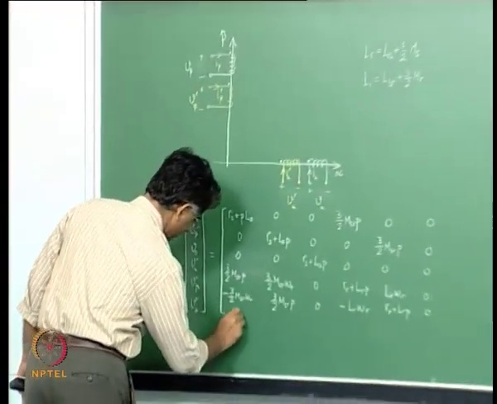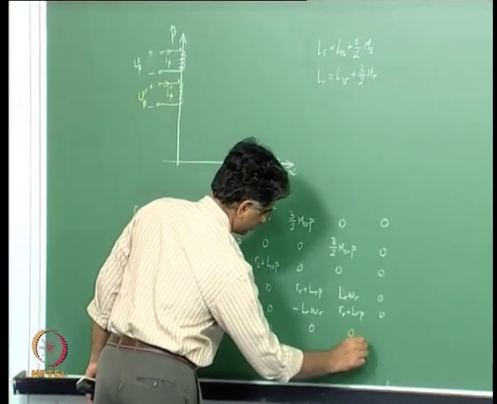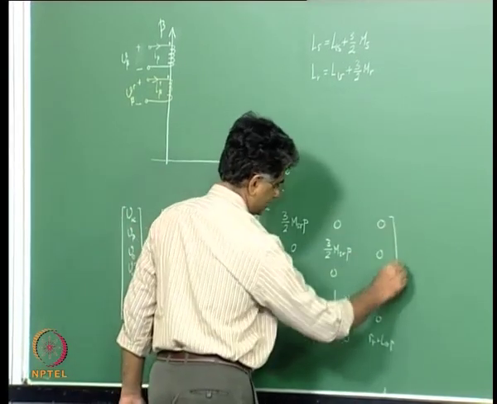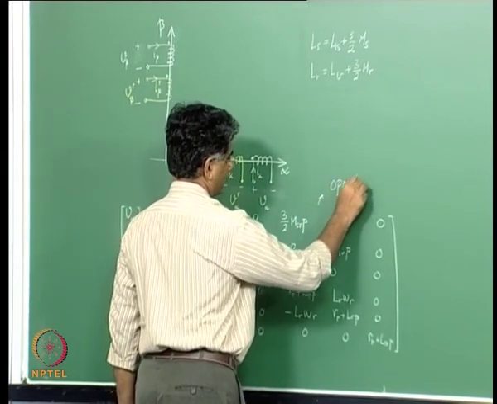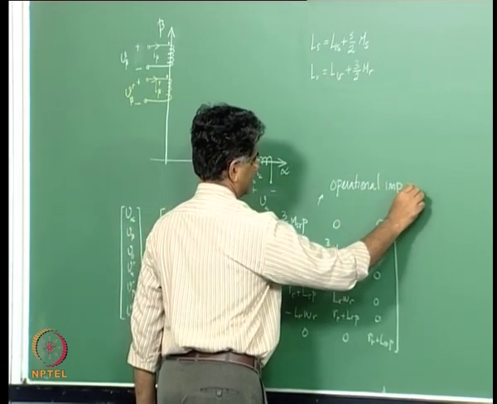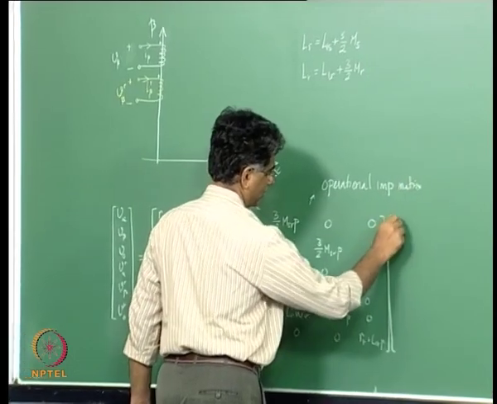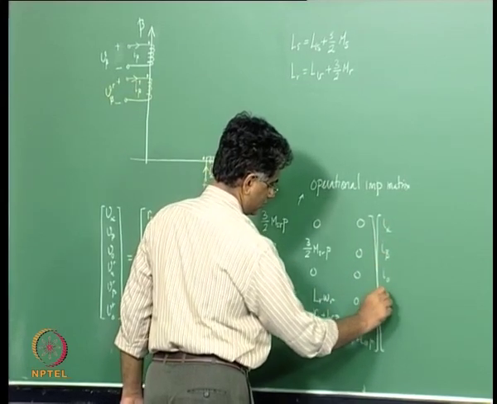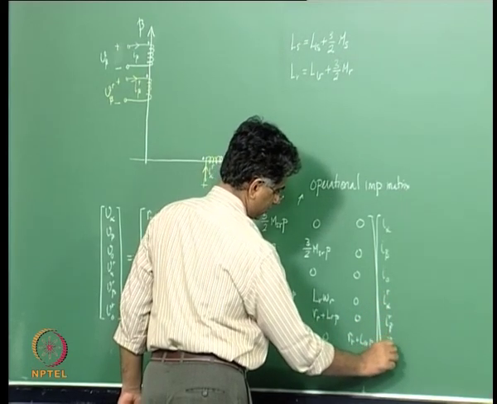So, that would be 0 here, 0 here, 0 here, 0 here, 0 here, and Rr plus Llr into P. So, this is the so called operational impedance matrix, and this multiplies the vector of currents I alpha, I beta, I 0, and then I r alpha, I r beta, and I r 0.